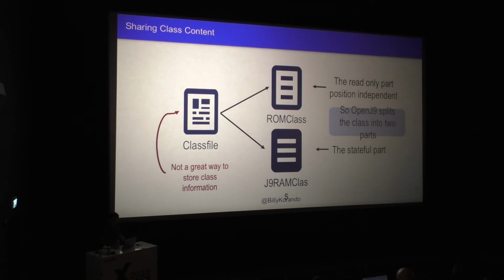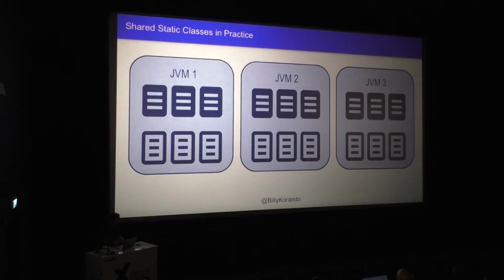The stateful part is obviously different. So here's a view of multiple JVMs, and you've got the stateful bit at the top, and all those duplicated copies of the read-only class files. All these classes are identical.